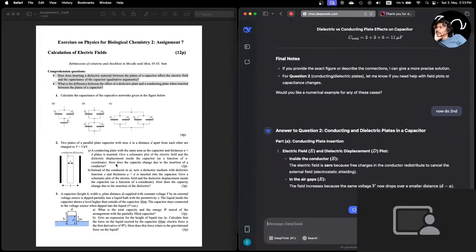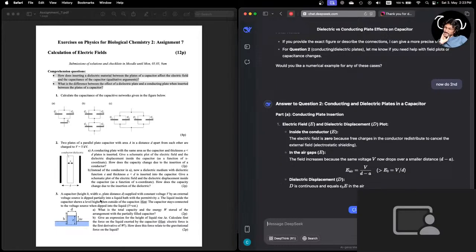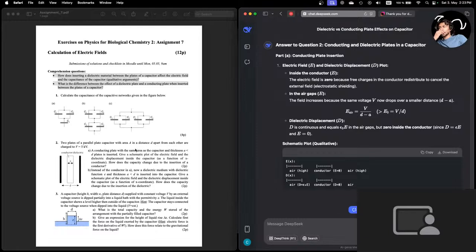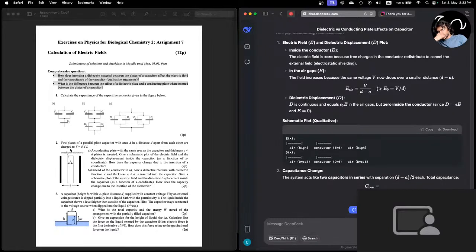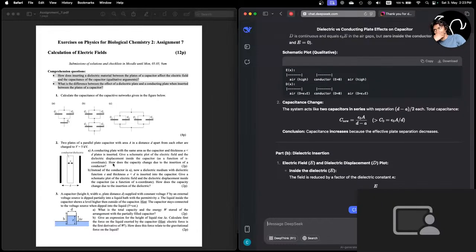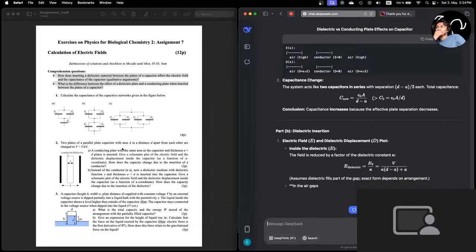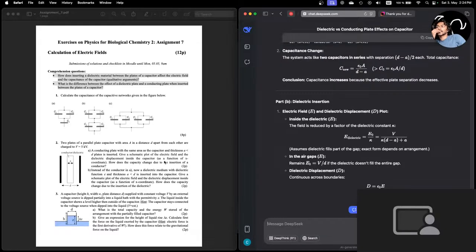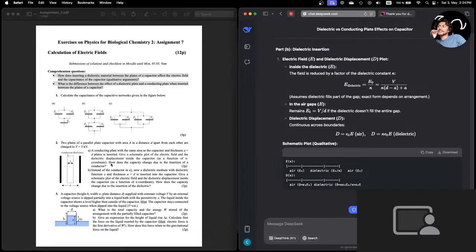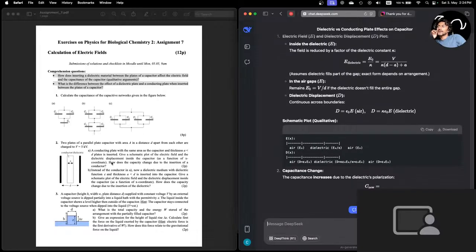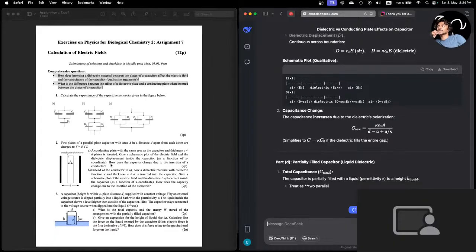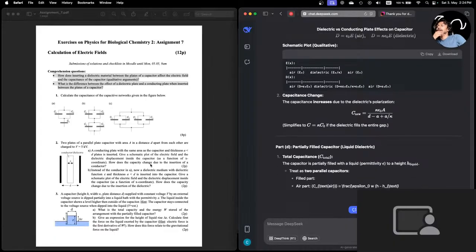Two plates of a parallel plate capacitor with area A and distance D apart from each other are charged to a voltage of 5 kilovolt. A conducting plate with the same area as the capacitor and thickness a less than D is inserted. Give a schematic plot of the electric field and dielectric displacement inside the capacitor as a function of x coordinate.